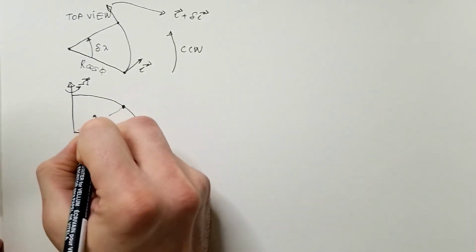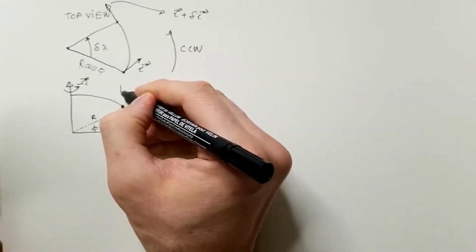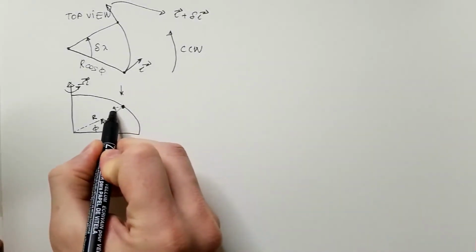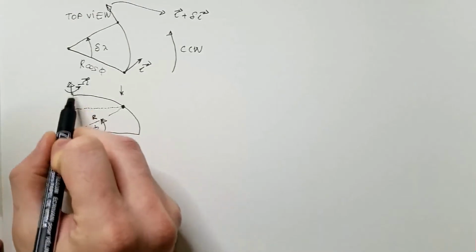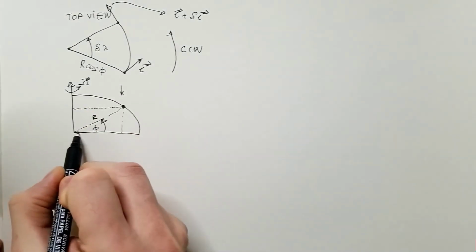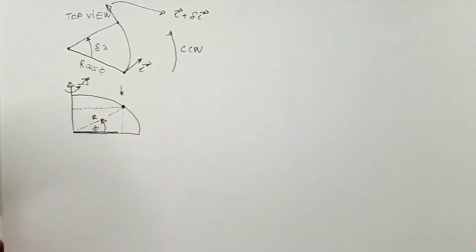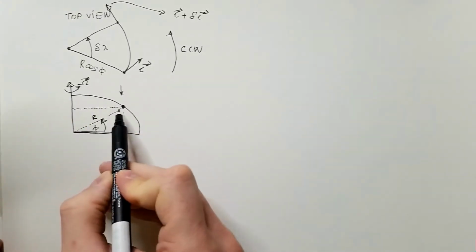This is radius of the Earth r. So if I look at this from the top, okay, top view, I will see that this is the distance from the axis of rotation. And I hope that you can see that this distance is r cosine phi. And that's how we get that this is r cosine phi and not r.